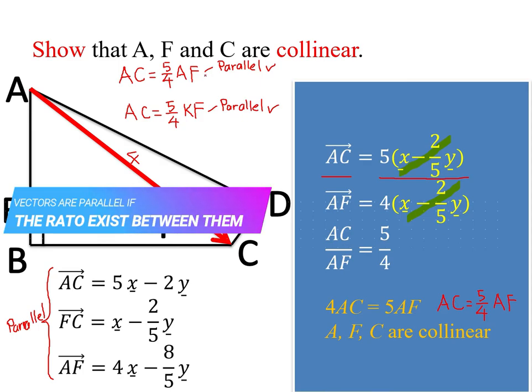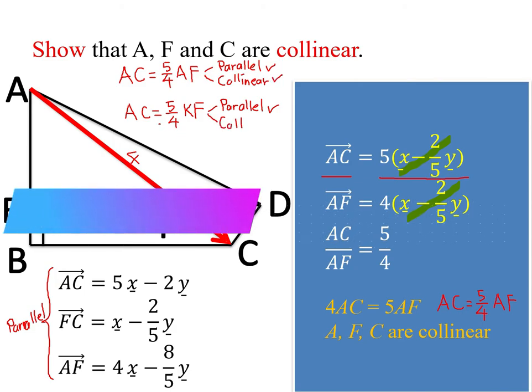Okay, now I want to ask you again. AC and AF, are they collinear? Okay, the answer is yes. The points A, C, K, and F, are they collinear? No. Okay, now my question is why? Why for the first one we know they are collinear, but the second one they are not collinear?